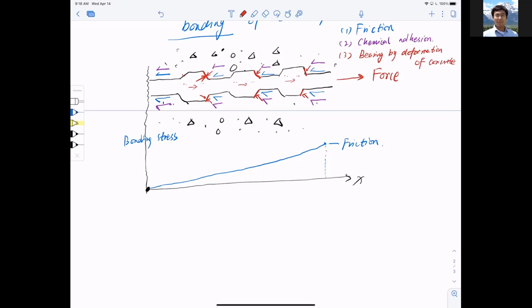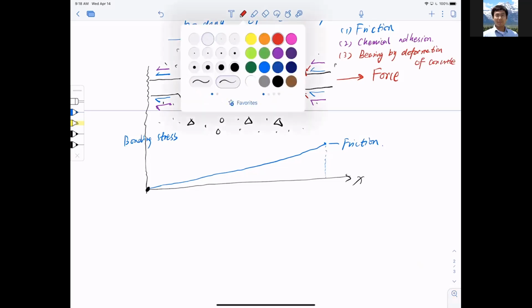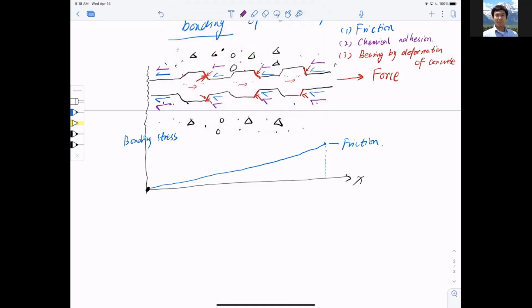So the friction stays at the lower figure here, and the adhesion is much weaker at the lower figure here. But the bearing is quite big. So bearing is predominantly helping the bar to resist the bonding stress.